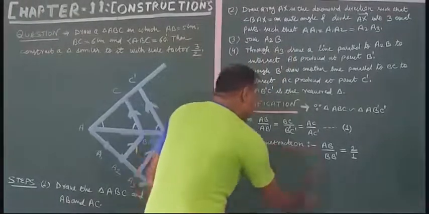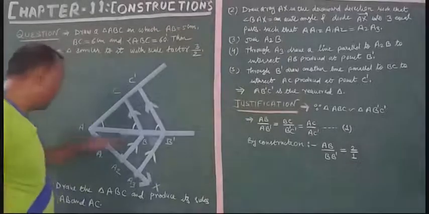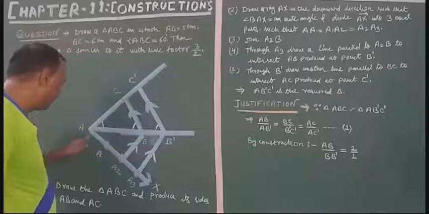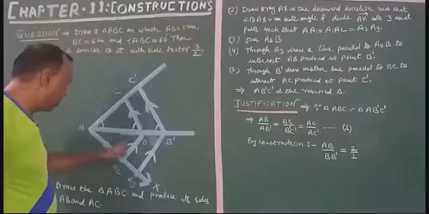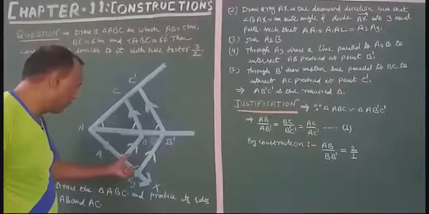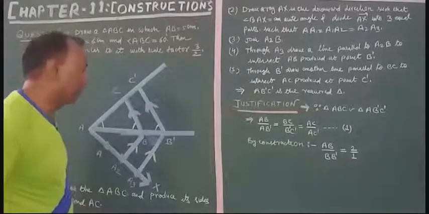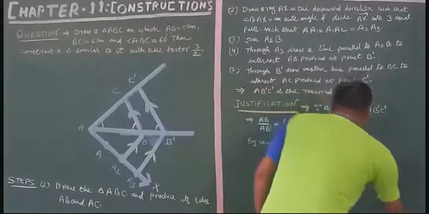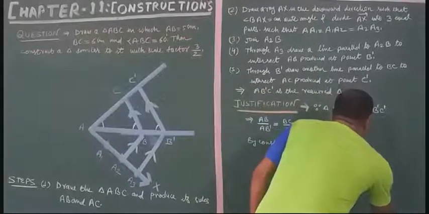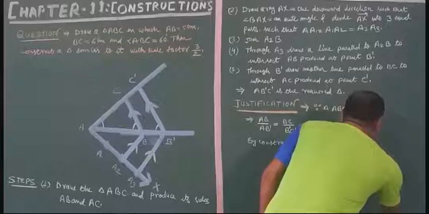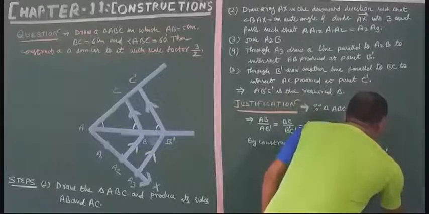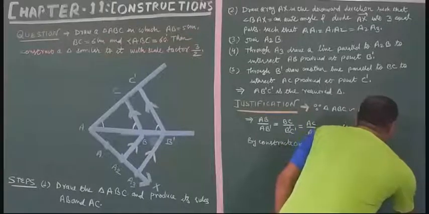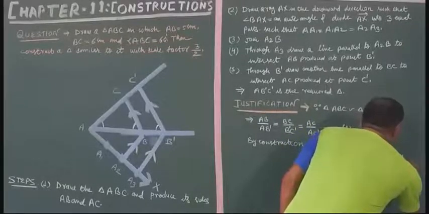Now by construction, AB upon BB dash will be, this is 1, 2 ratio. This is the one part and this is the two parts. AB upon BB dash is 2 upon 1. We can invert them. Therefore, what will happen? BB dash upon AB is 1 upon 2.